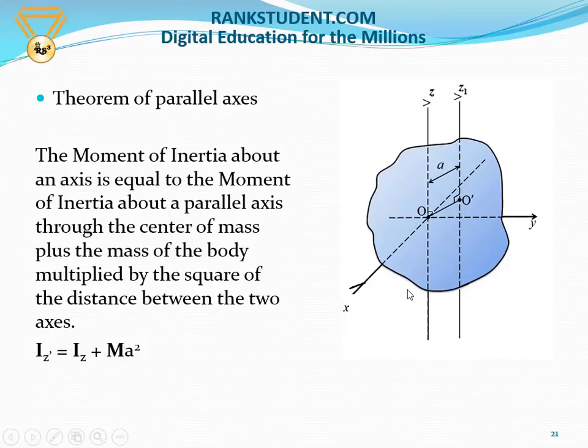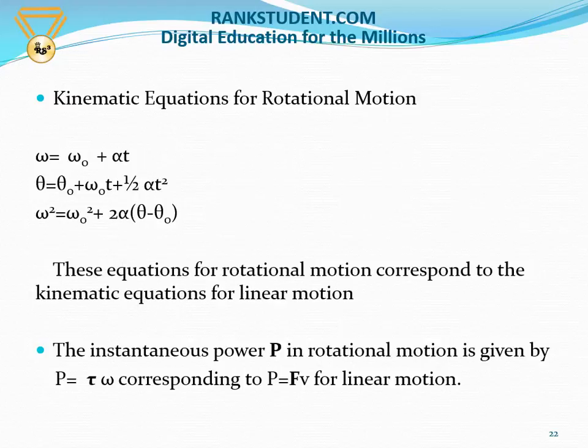So again, in this diagram here, I sub z prime is the sum of I sub z plus the mass m located at O times the square of the distance between the two axes, which is A in the diagram.